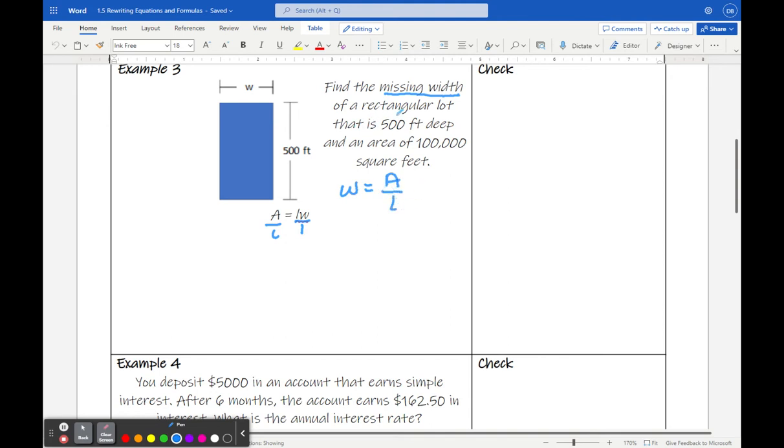And I have that it is 500 feet deep. So width is equal to something divided by 500 feet, an area of 100,000 divided by 500. So the width is 200.